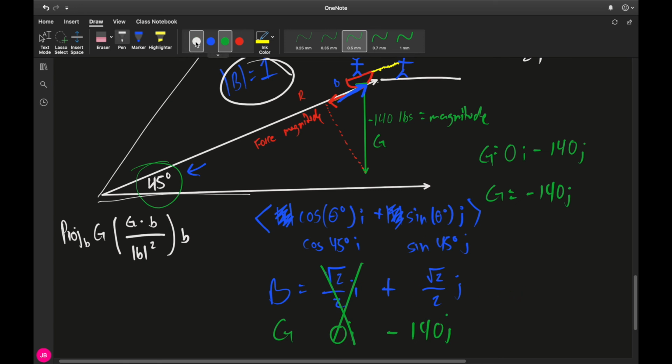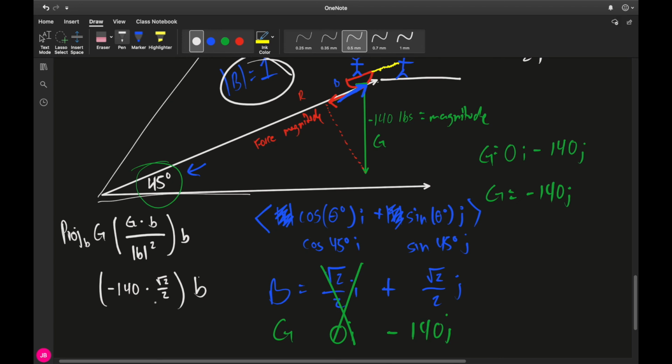So we're going to end up getting negative 140. And we're not going to be using j's or i's anymore because at this point we're in component form, times the square root of 2 over 2, all divided by 1 squared, which is just 1, so we'll just leave it like that, times the component form of b, which we're just going to leave like this for now.